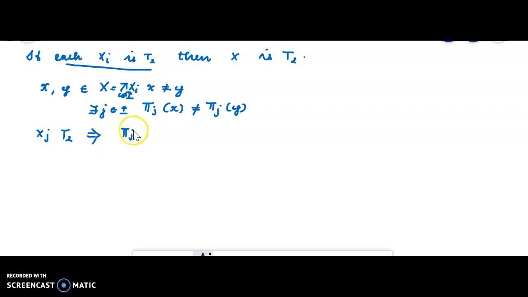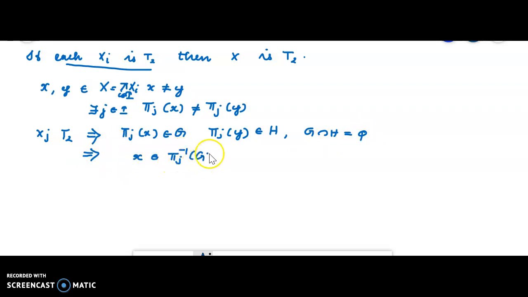That is, pi j of x element of, say, open set G, and pi j of y element of H, and G intersection H equal to empty set. These are points of a T2 space Xj. Then this implies pi j of x element of G implies x element of pi j inverse of G, and y element of pi j inverse of H.